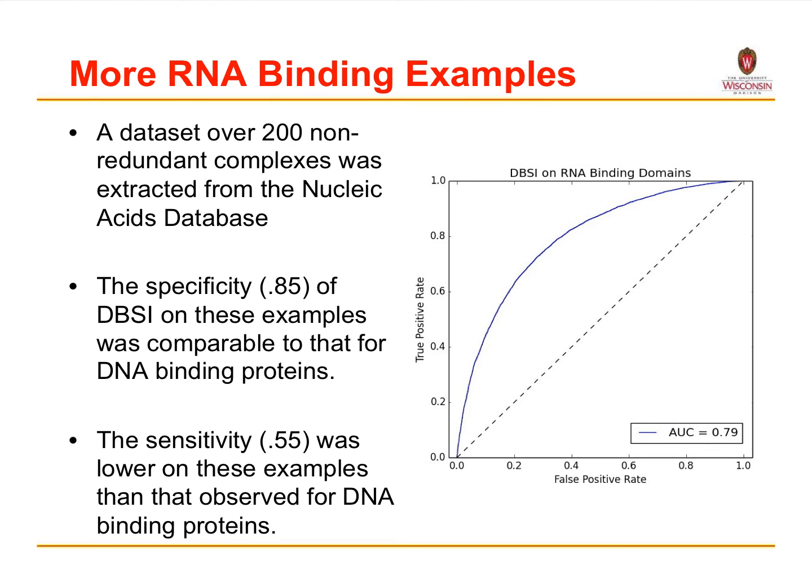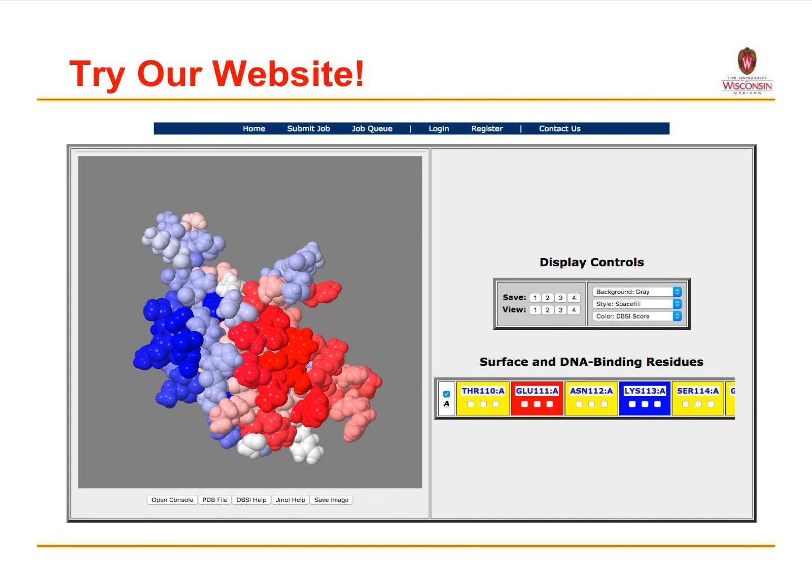So the model already has some signal, but we're already in the process of re-optimizing it to do best on RNA. With that, I'll start wrapping everything up and also remind you to try our website. I'll give you the website address in a moment. Here you can see that you can upload your protein and it'll make predictions for you.